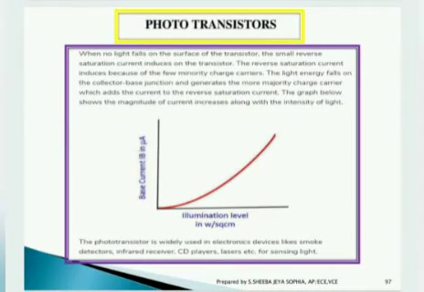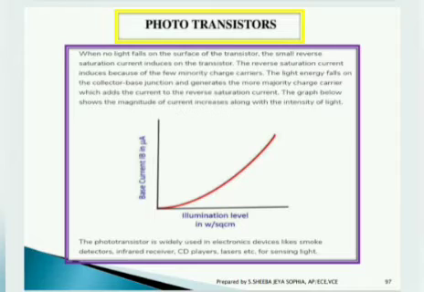When no light falls on the surface of the transistor, what happens? A small reverse saturation current flows in the transistor, and this reverse saturation current is due to a few minority charge carriers. When light energy falls on the collector base junction, it generates additional charge carriers, which add current to the reverse saturation current.